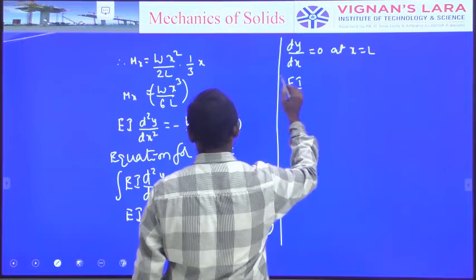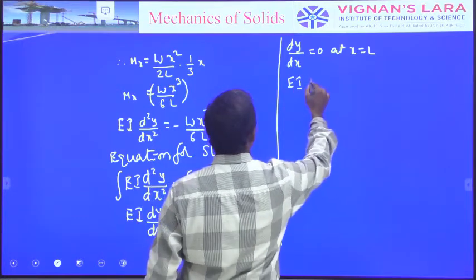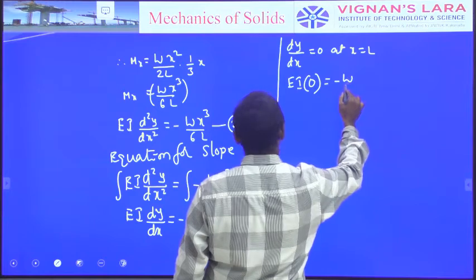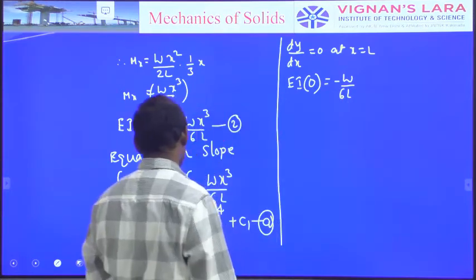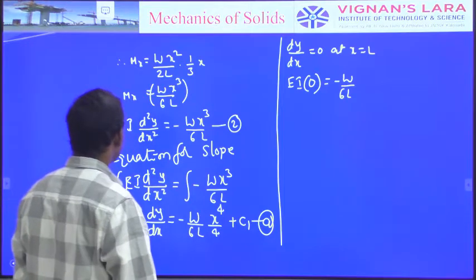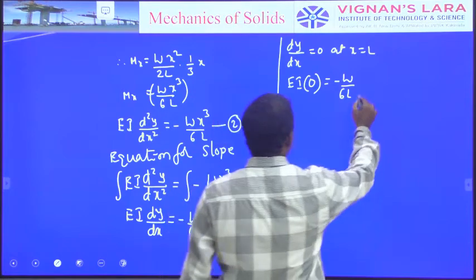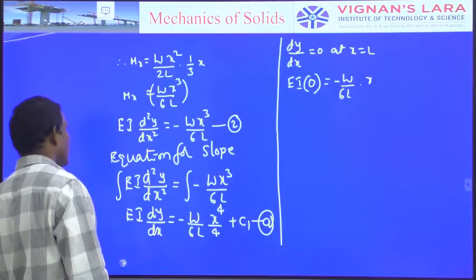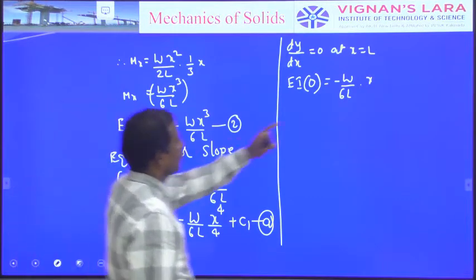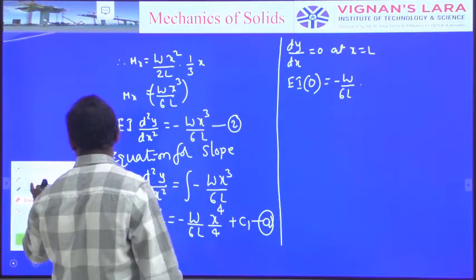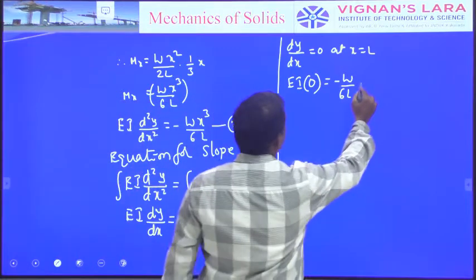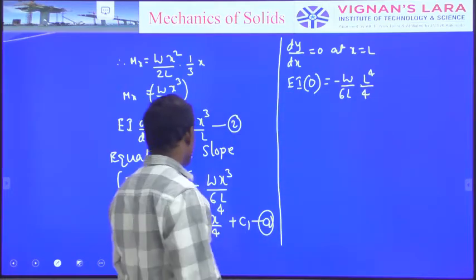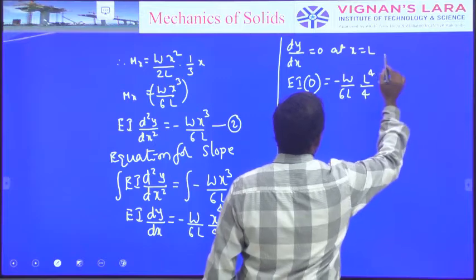So EI into dy by dx becomes 0. That is, 0 is equal to minus W by 6L into x power 4, where x is replaced by L, so L power 4 divided by 4, plus C1.